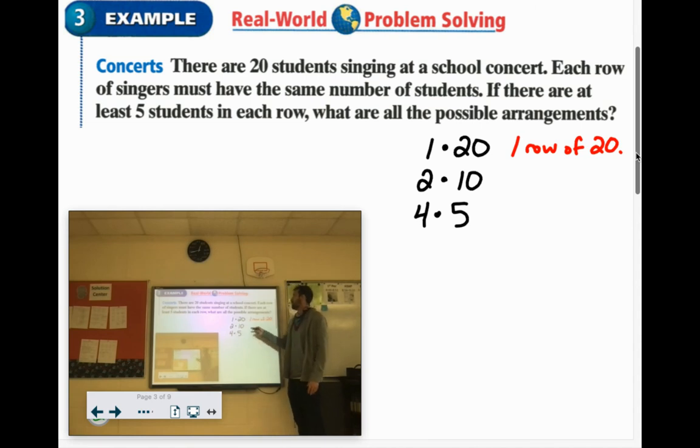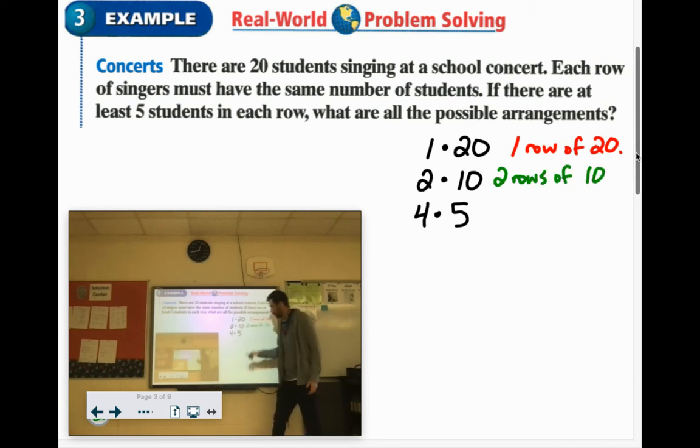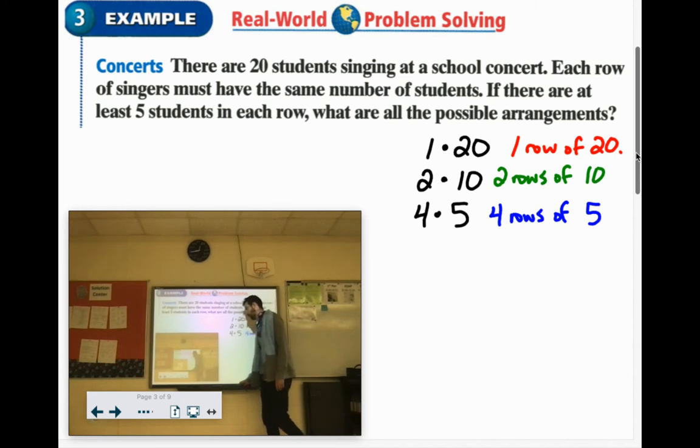Or if you need at least 5 kids in each row, you could have 2 rows of 10. Or you could have 4 rows of 5. These are all the possible chair setups for this school concert.